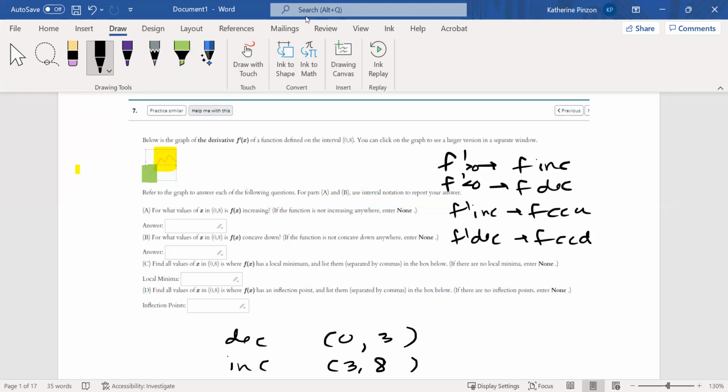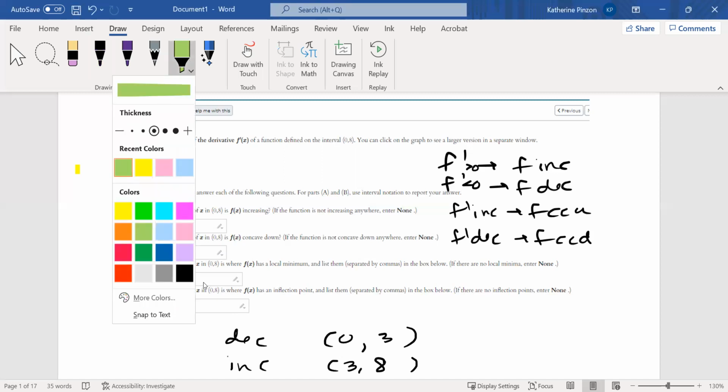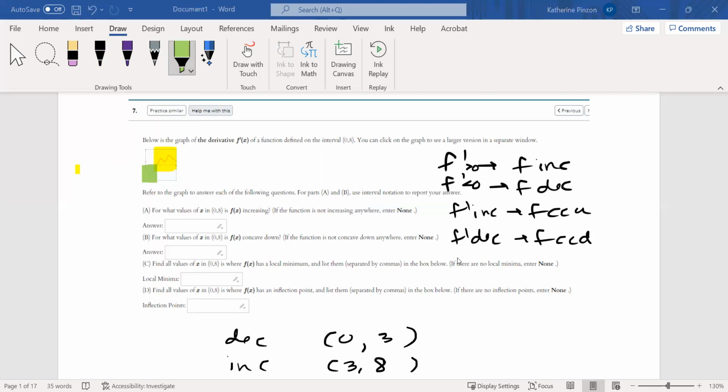Okay, this is the derivative. When the derivative is increasing, the function is concave up. When the derivative is decreasing, the function is concave down. This guy is increasing from 1 to 4 and from 5 to 6.